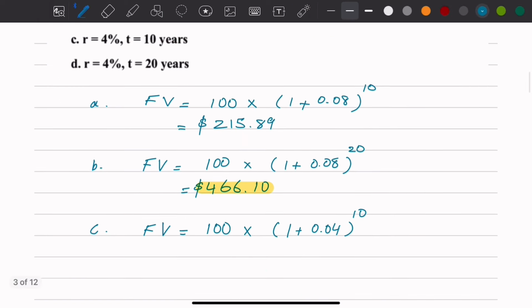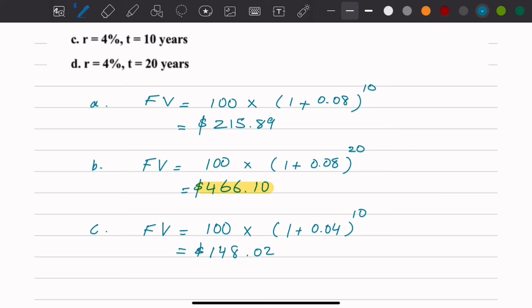Okay, now I'm going to adjust my numbers on my calculator. So 100 multiplied by, open a bracket, 1 plus 0.04 to the power of 10. That's going to be $148.02.